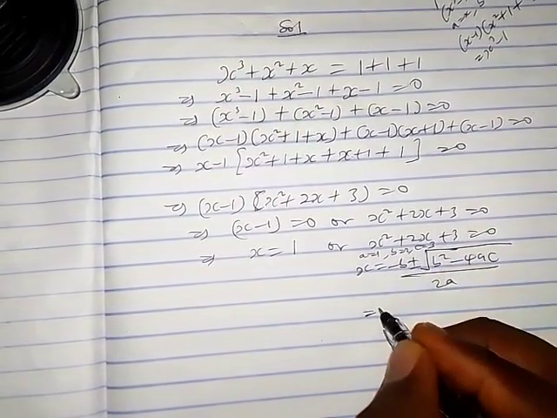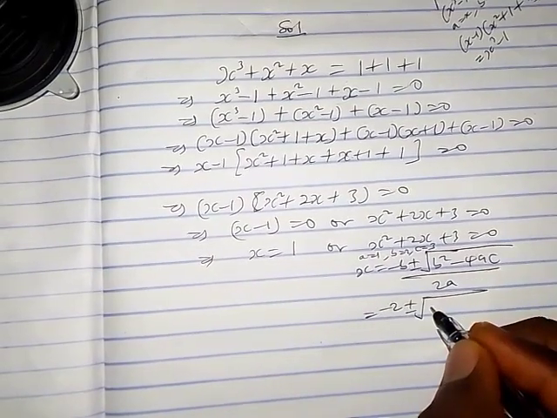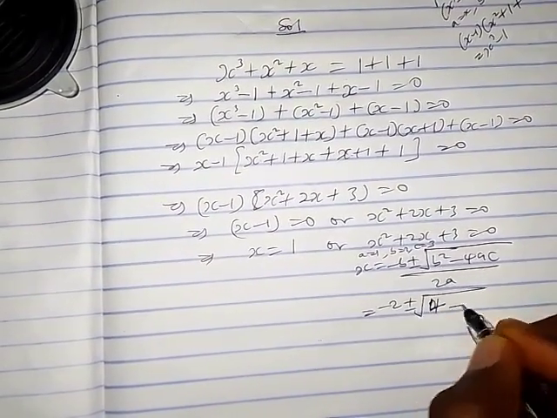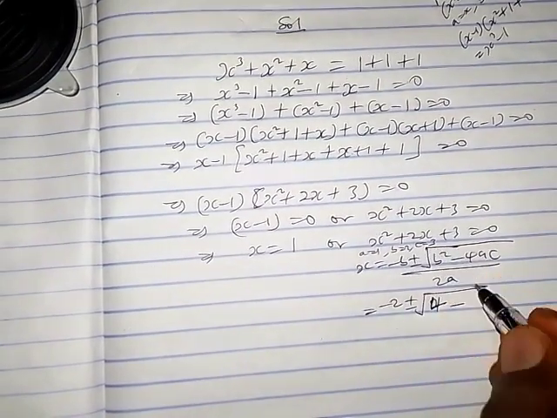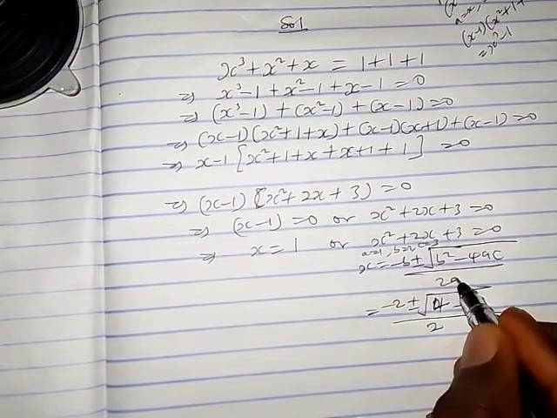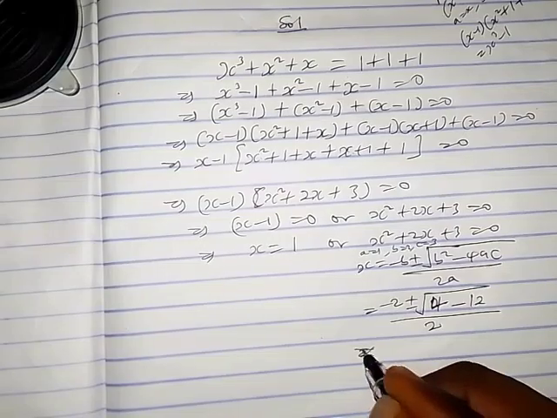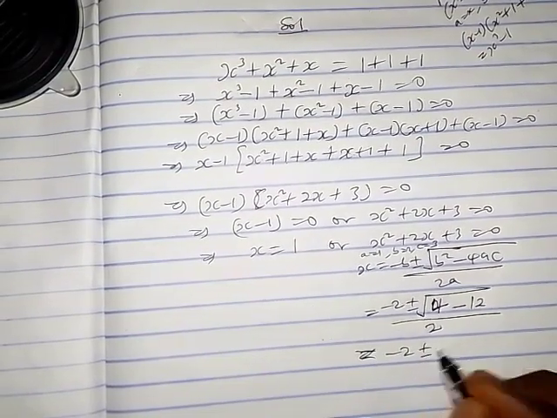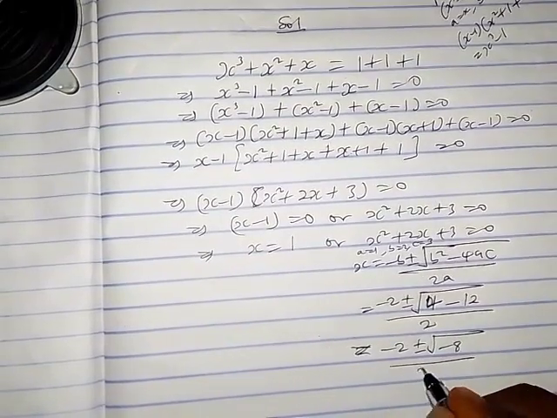When you plug it in, we have minus 2 plus or minus square root of, what is b? That's 2 squared, which is 4, minus 4 times a, that's 4, times c, that's 3, that's minus 12. Everything over 2 times a, that's 2, because a is 1. So this equals minus 2 plus or minus the square root of 4 minus 12, that's minus 8, over 2.